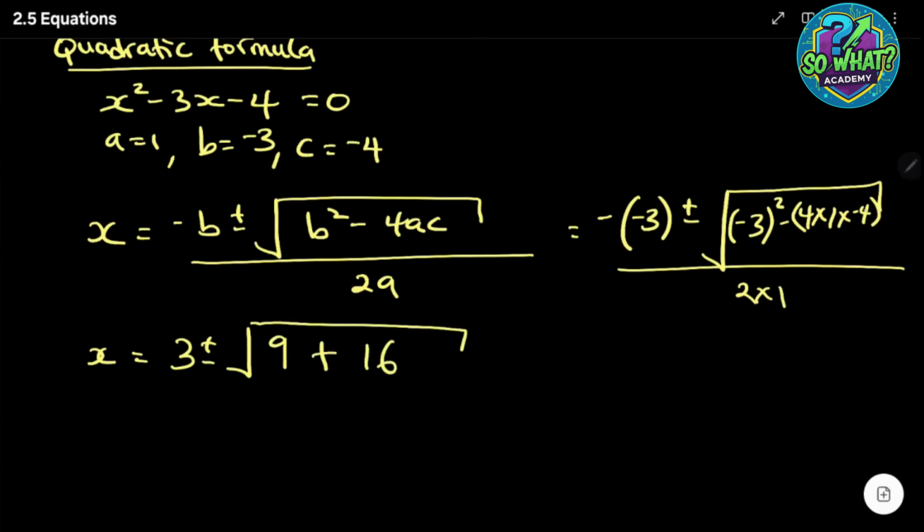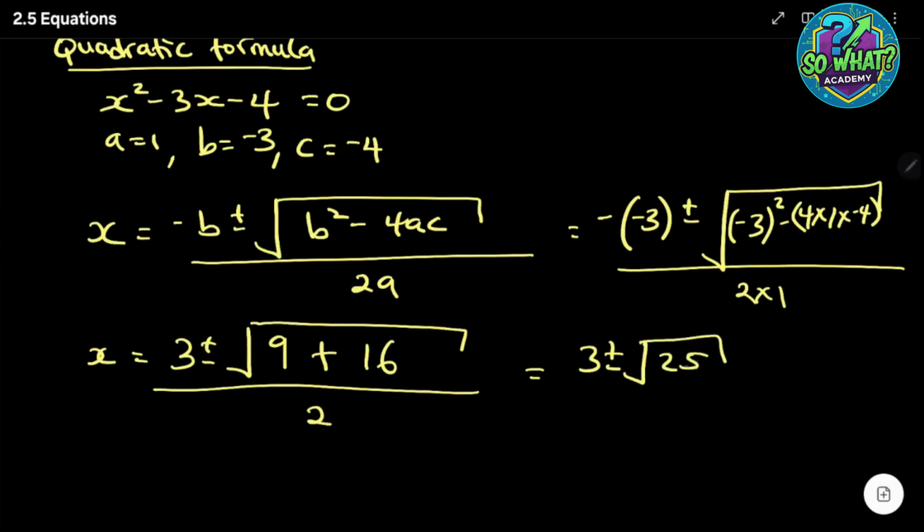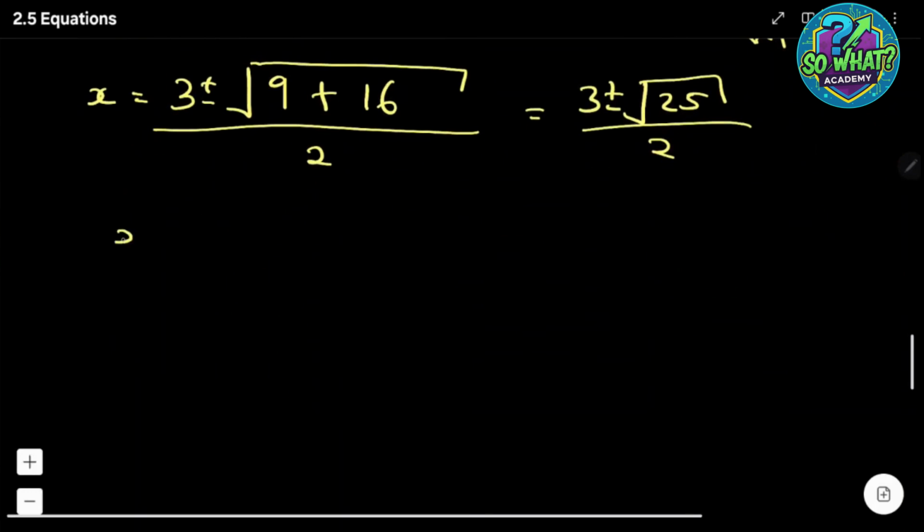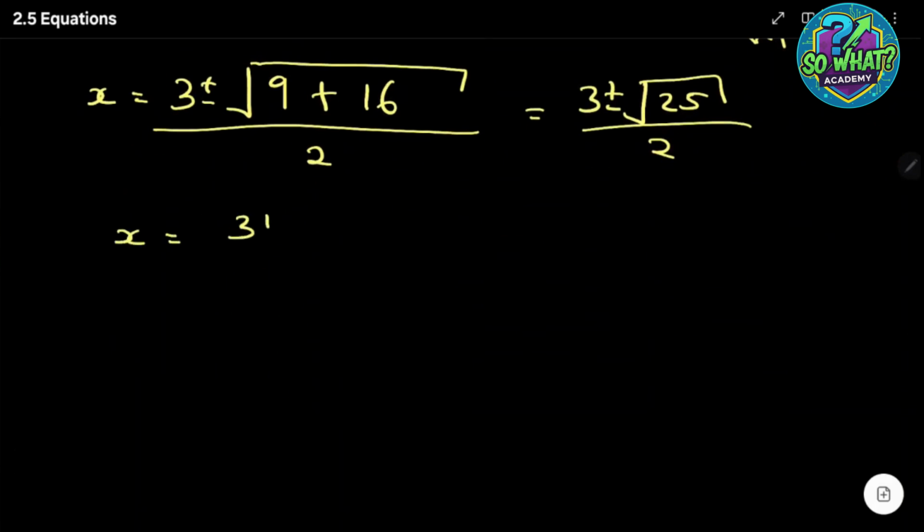This is minus, but remember there is a negative 4 inside, and 4 times 4 is 16. Everything over 2, this will be 3 plus or minus root of 16 plus 9, that is 25, over 2, meaning x is equal to 3 plus or minus root of 25, which is 5, over 2.